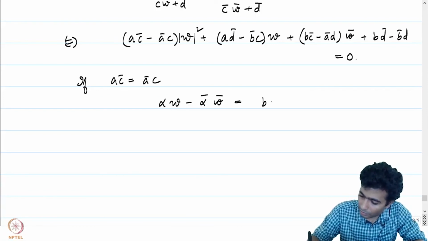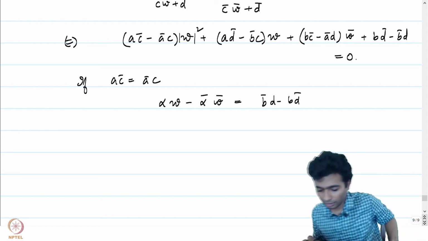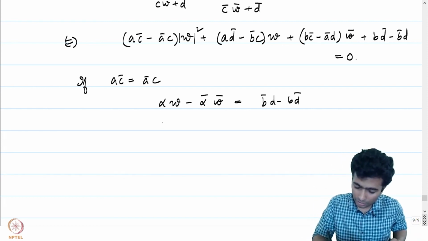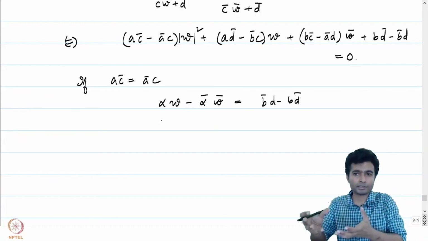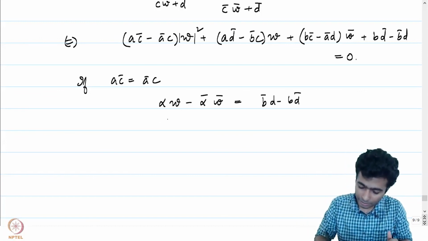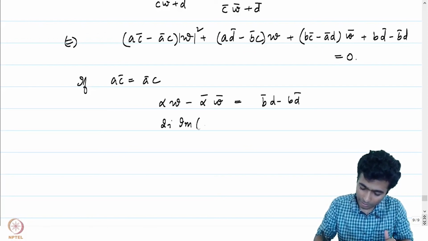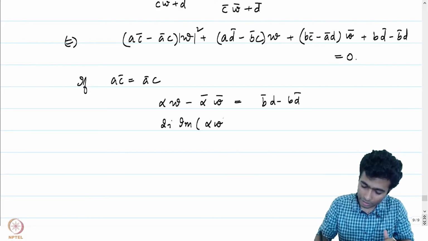Let me write that down in that manner because it's important to have that to the right. And what is Z minus Z bar? That's going to be 2i times the imaginary part.